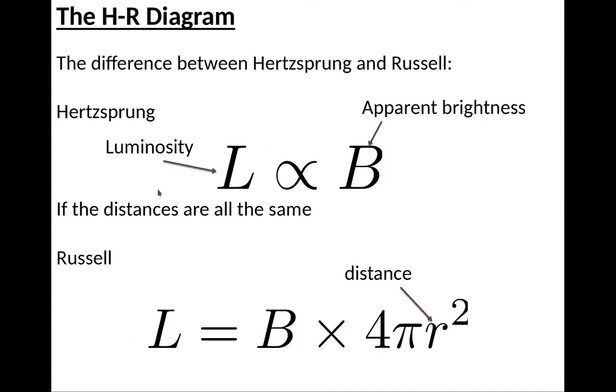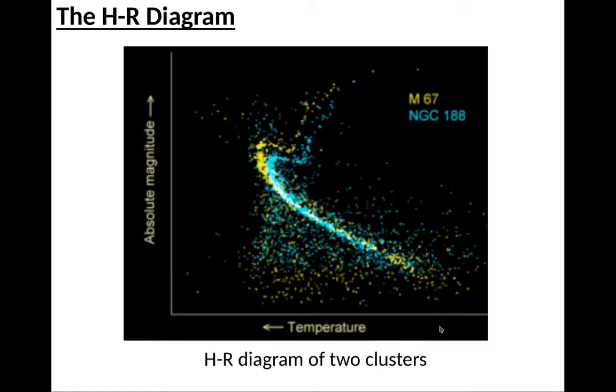So this is the difference between Hertzsprung and Russell. Hertzsprung said everything was the same distance, so luminosity in this case is just proportional to apparent brightness. What Russell did was that he knew the luminosity because he saw the apparent brightness, and he knew the distances from stellar parallax, the first measurement that we talked about.